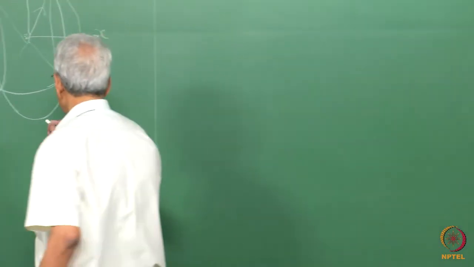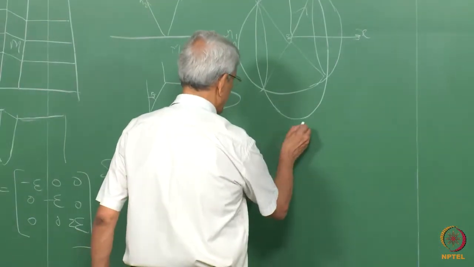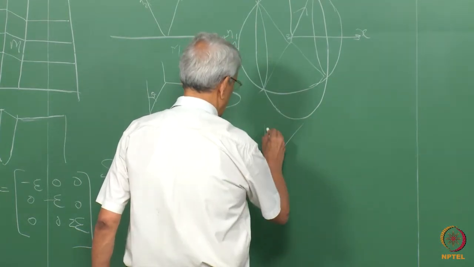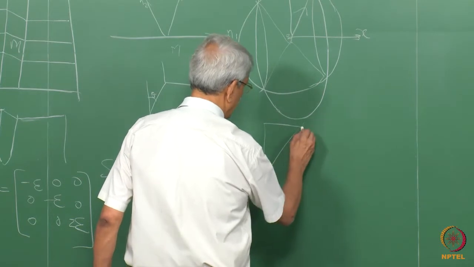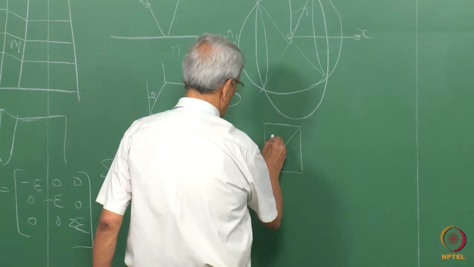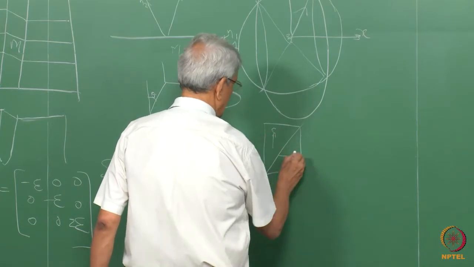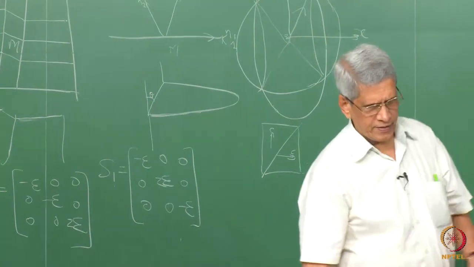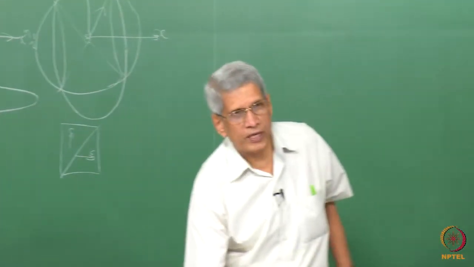So essentially we will have an interface with one crystal coming like this, another crystal forming like this, with one C axis in this direction and the other C axis in the perpendicular direction. That is essentially what is being shown here.